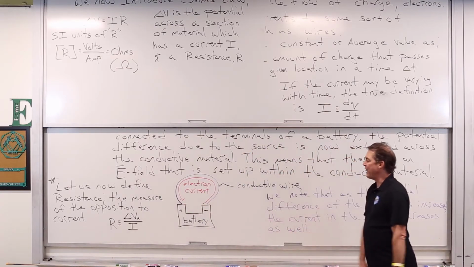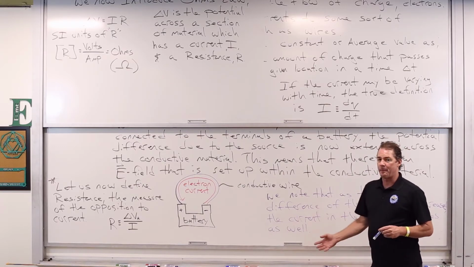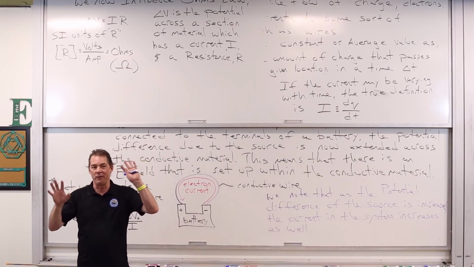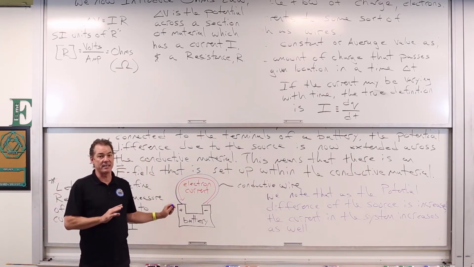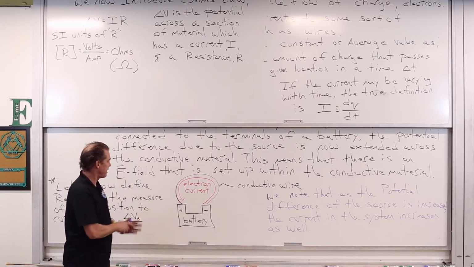So it turns out that it's just sort of embedded in the lingo at this point, that when we talk about current, we're talking about an assumed sort of positive charge flow, even though that's not the case. It's negative charges that are the charge carriers in our everyday circuits here.